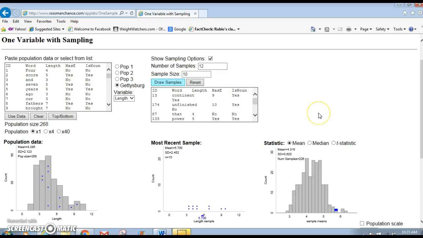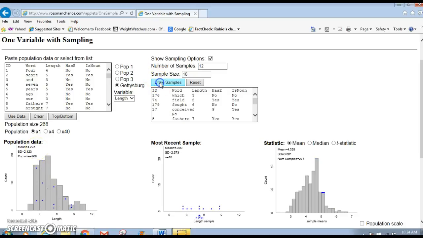You want to explain to your students that the mean of the sampling distribution, here it's 4.3, will approximate the mean of the population. The more samples you take, the closer the sampling distribution's mean will approximate the population mean.